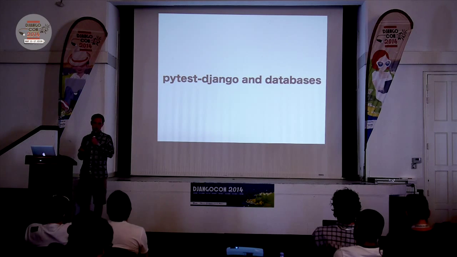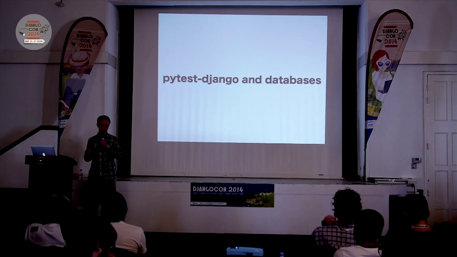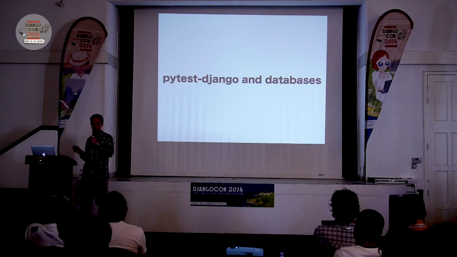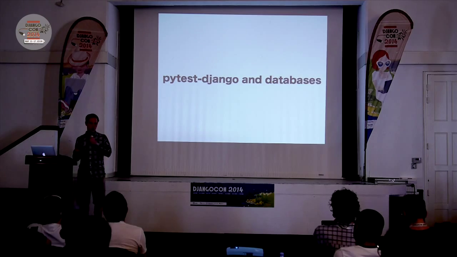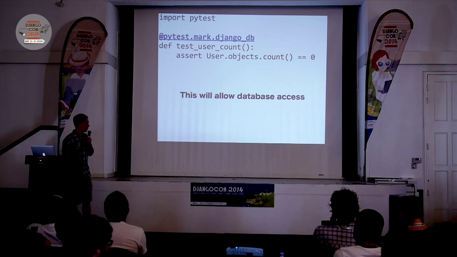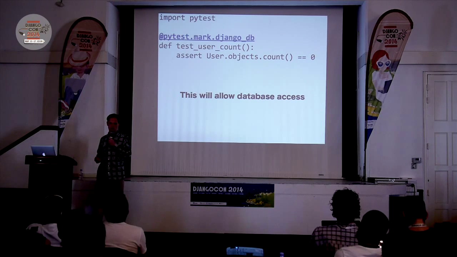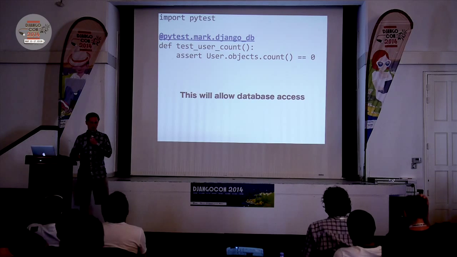Even if you subclass SimpleTestCase, which does not really support database use, nothing will actually prevent you from accidentally doing database queries, which might lead to very strange results. So here you have to be very explicit about when you are actually going to use the database. And this is the way you do it.